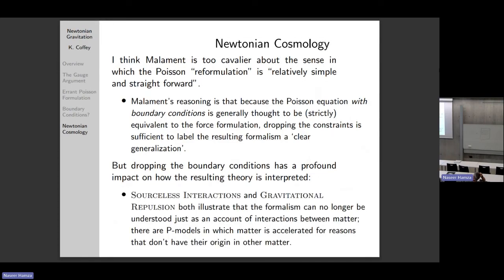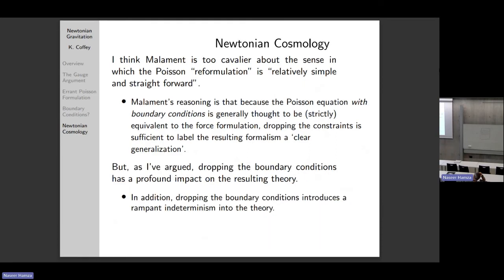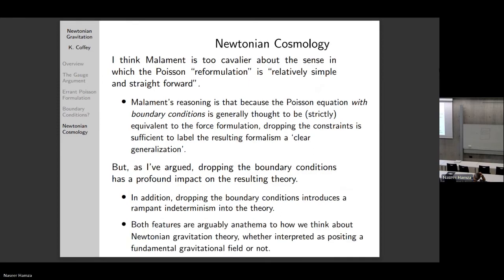In particular, the two examples that I've developed both illustrate how the formalism can no longer be understood as an account of interactions between matter, right? And in addition, dropping the boundary conditions introduces a rampant indeterminism into the theory. Both features, I think, are arguably anathema to how we think about Newtonian gravitation theory, whether interpreted as positing a fundamental gravitational field or not.